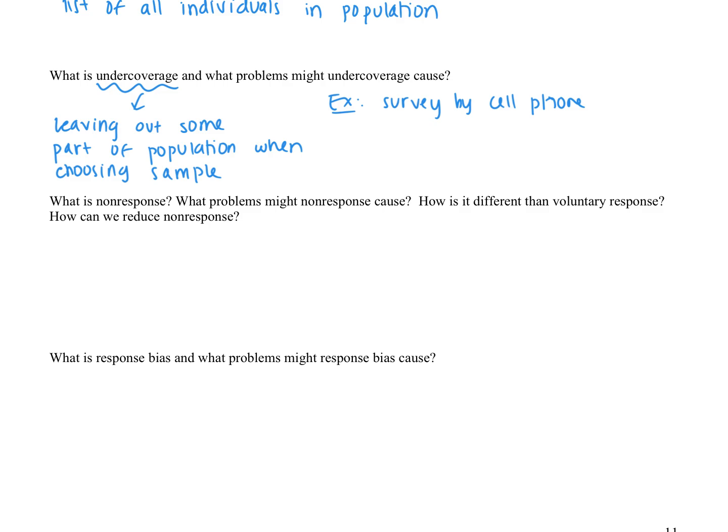That is only an issue if the people without phones differ from the people who do have phones with regard to what we're studying. If I'm studying favorite color, is there reason to believe that people who don't have a cell phone differ from those who do with regard to favorite color? If I am studying highest level of education, is there reason to believe people who don't have a phone might differ from those who do with regard to level of education?